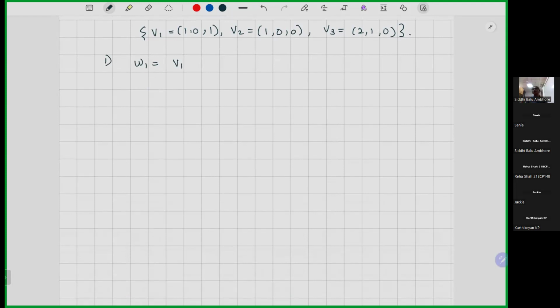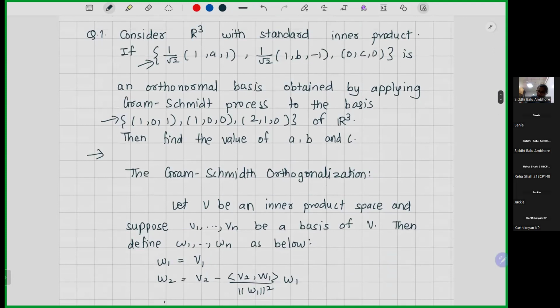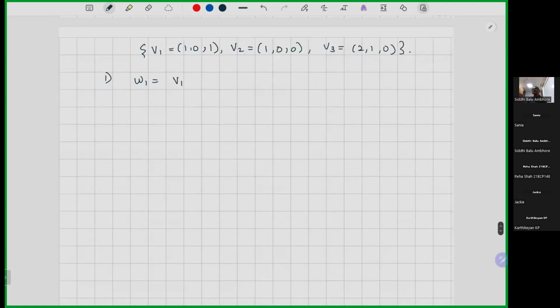Let me call the orthonormal basis gamma. Then the first element of gamma, gamma 1, is W1 by norm W1, so it will be (1, 0, 1) divided by the norm of (1, 0, 1).